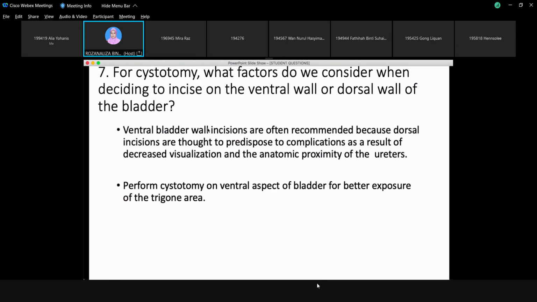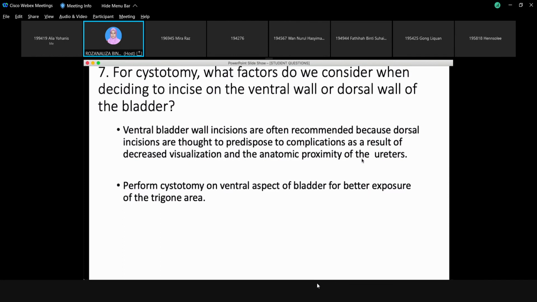Okay, so according to the books that I just quote, ventral bladder wall incisions are often recommended because dorsal incisions are thought to predispose to complications, as a result of decreased visualization and the anatomic proximity to the ureters.